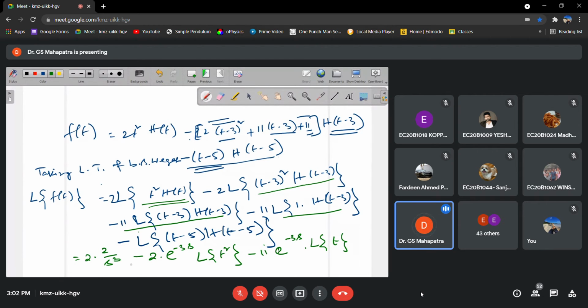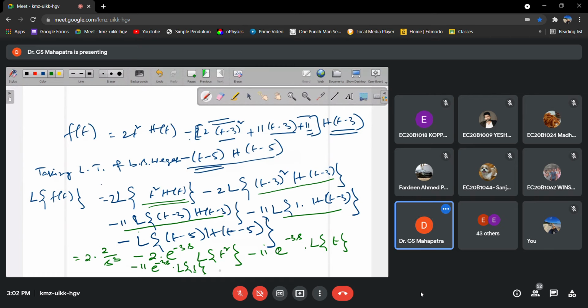So minus 11 e to the power, what is the answer? e to the power minus 3s. Okay, e to the power minus 3s into Laplace transform of 1.